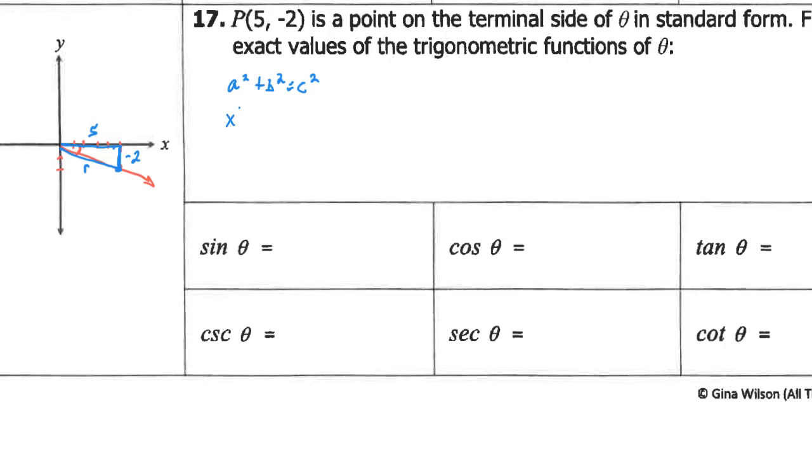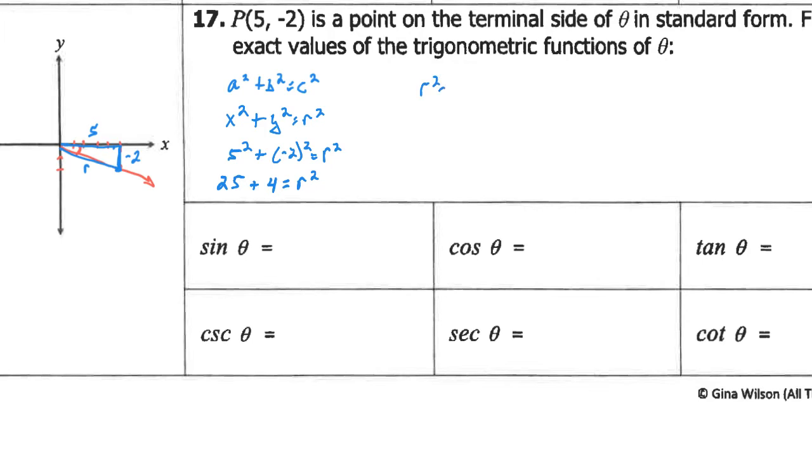Okay, so you can think about it the same way. X squared plus y squared equals r squared. It's the same thing. So the x is 5, and y is negative 2, and equals r squared. So 5 squared is 25. Negative 2 squared, negative 2 times negative 2 is going to be a positive 4, equals r squared. So you add 25 plus 4 and get 29.